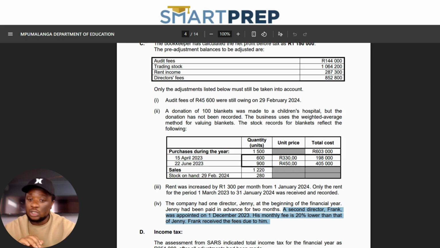So what we need to find out then is, how much was the first director getting per month? Or how much did this director receive in advance? That is the amount we need to add back into our profits.